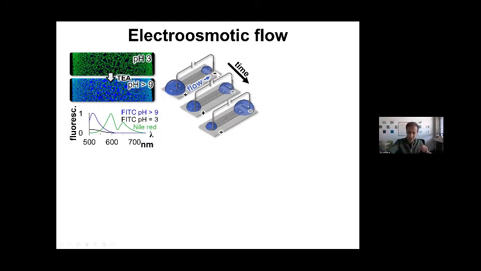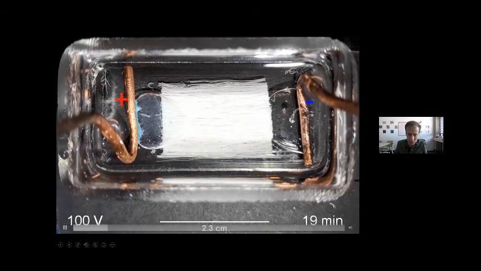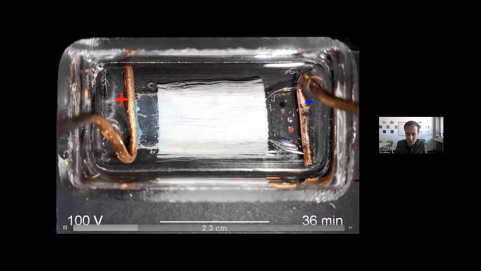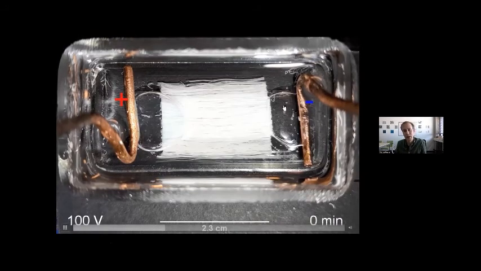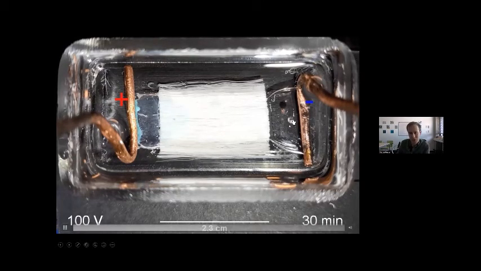Along their way, they drag water with them, and thereby the water reservoir that was big here is small at the end because all the water has been transported here. So you see this happening here. Here, the water reservoir, number one, the other water reservoir, and you see how this reservoir over time increases in size because the water is really flowing via electroosmosis through the fibers.